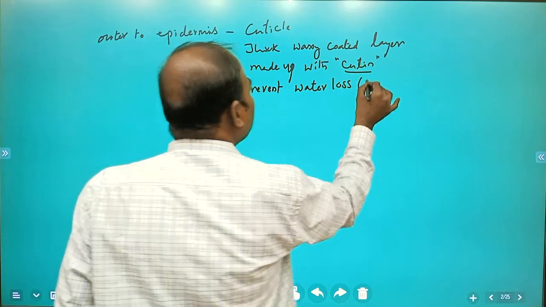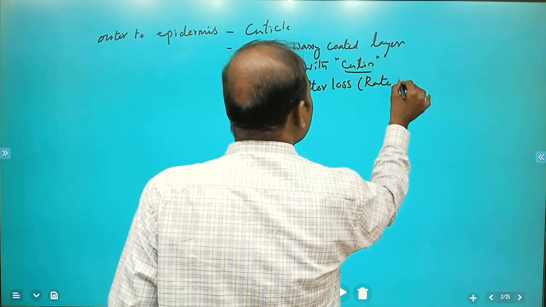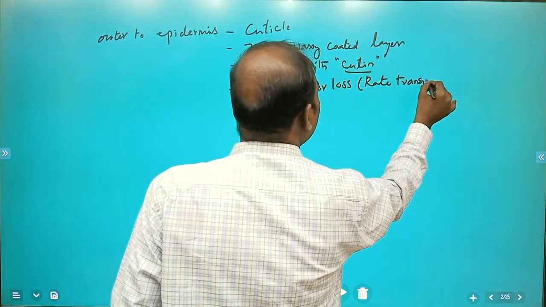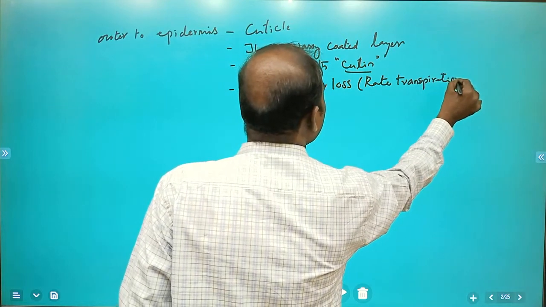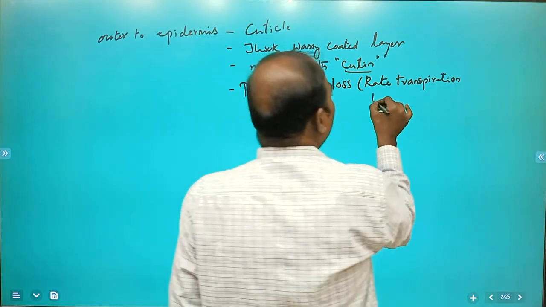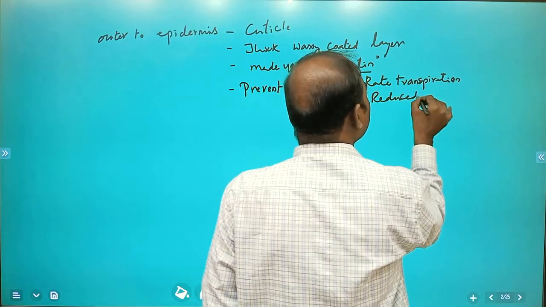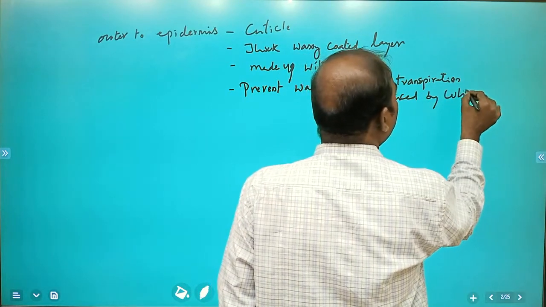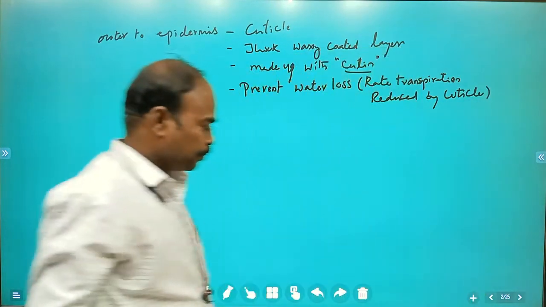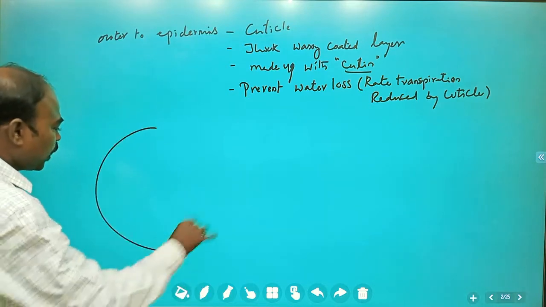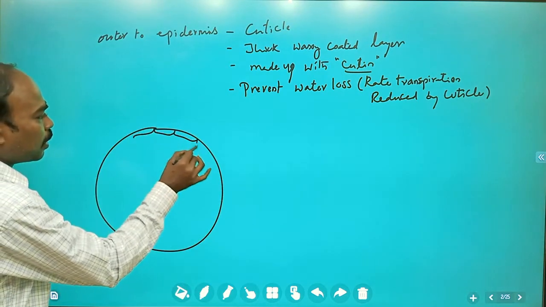That means the rate of transpiration is reduced by the cuticle. For example, you see this is the epidermal layer now.